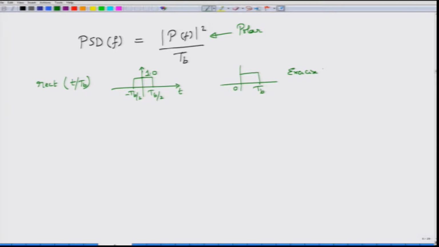So, I will leave this as an exercise to show that the PSD that you obtain for this pulse would be the same as the PSD that you would obtain for this pulse. The shape of the pulse, with the amplitudes being the same, has to be the primary concern, not its location. So, this is what we are going to consider for a rectangular pulse.